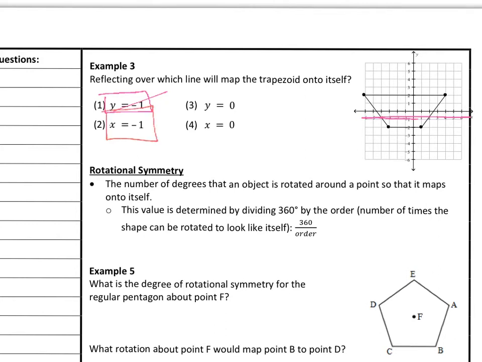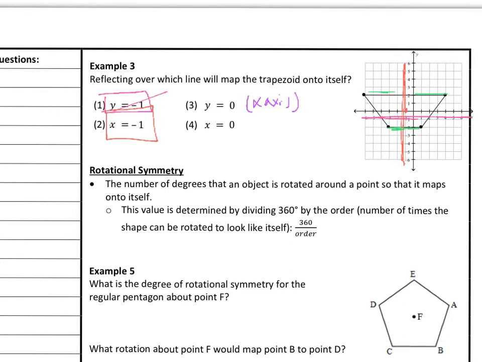X equals -1, so I go to -1 on the x-axis, and it looks like that might be it because I'm 2 away from this vertex, 2 away from this vertex, 5 away, 5 away, so it looks like it might be symmetric, but let's check the other ones. So for y equals 0, this is really the x-axis.